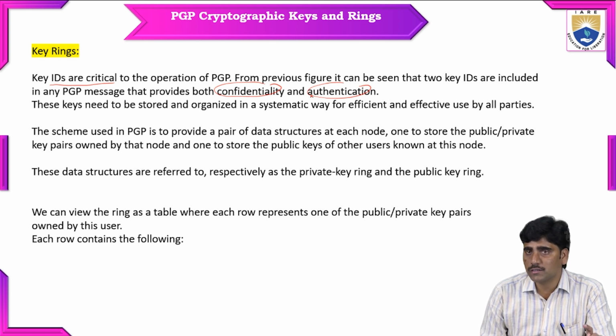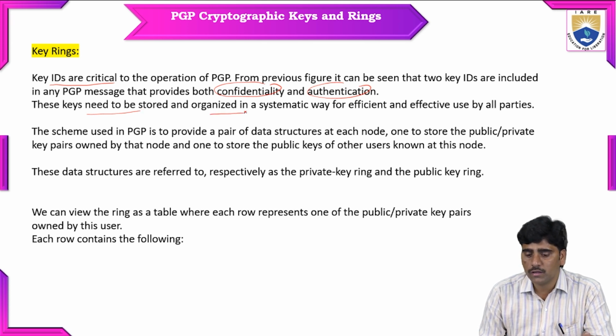So 2 key IDs are generated and included. They provide confidentiality and authentication. So these keys need to be stored and organized in a systematic way, for efficient and effective use by all parties.